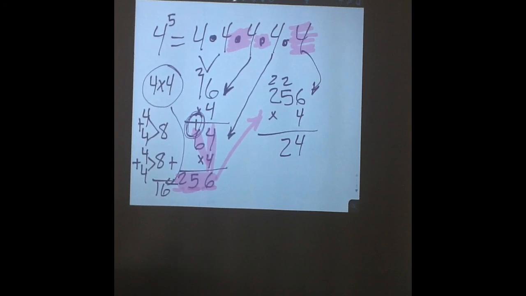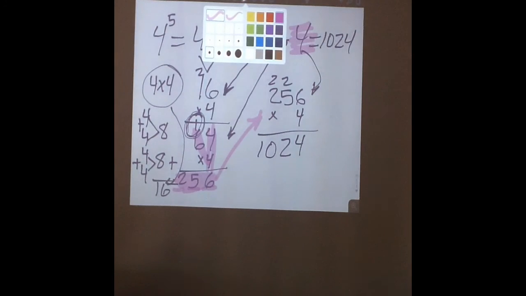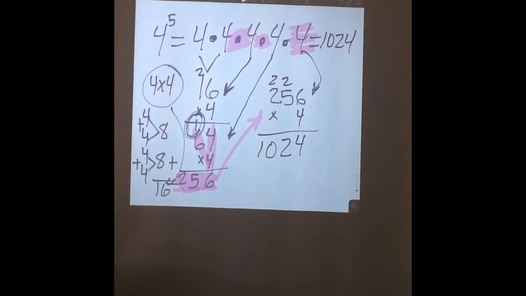I carry it over. 4 times 2 plus 2. And our answer to this little problem is 1024. So I'll change my highlighting color for us. 4 to the 5th power equals what? 1024.